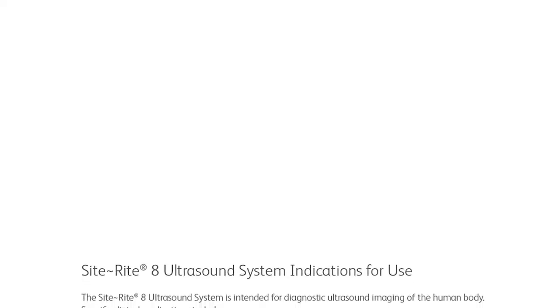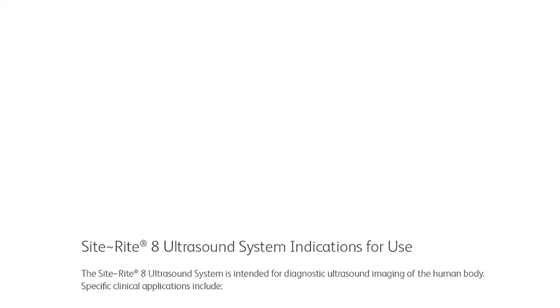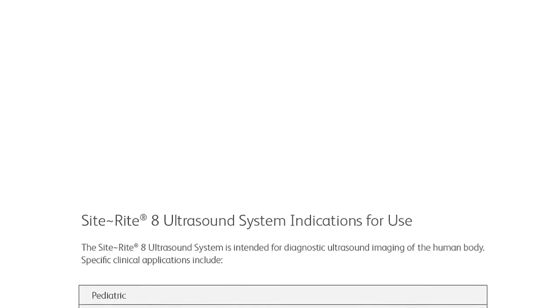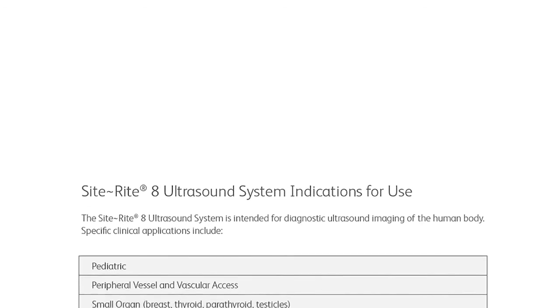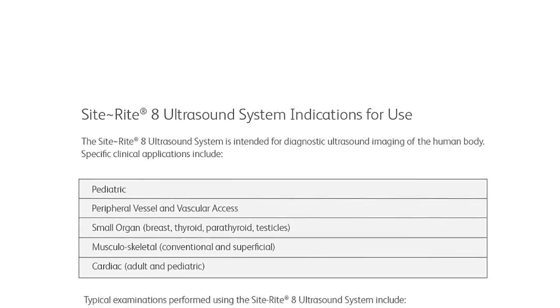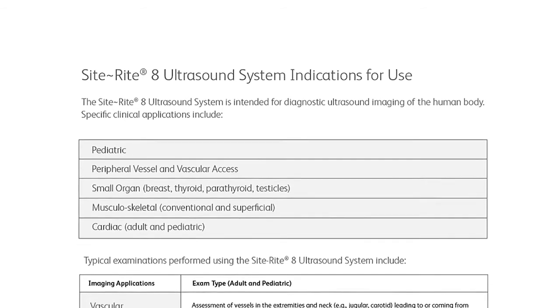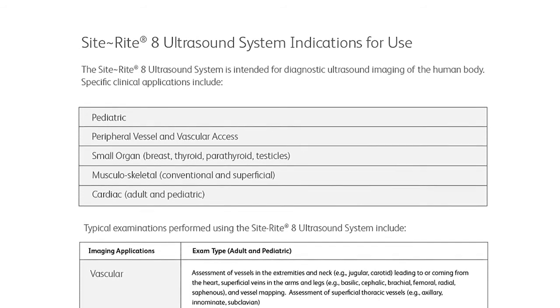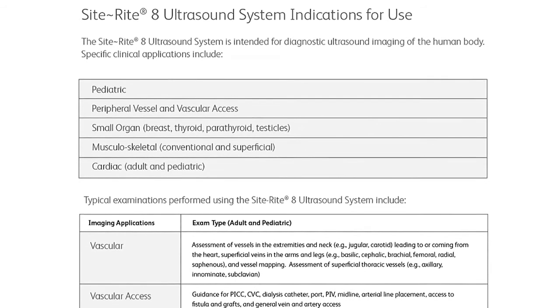The SiteRite 8 ultrasound system is intended for diagnostic ultrasound imaging of the human body. Specific clinical applications include pediatric, peripheral vessel, and vascular access, small organ, breast, thyroid, parathyroid, testicles, musculoskeletal, conventional and superficial, and cardiac, adult and pediatric.